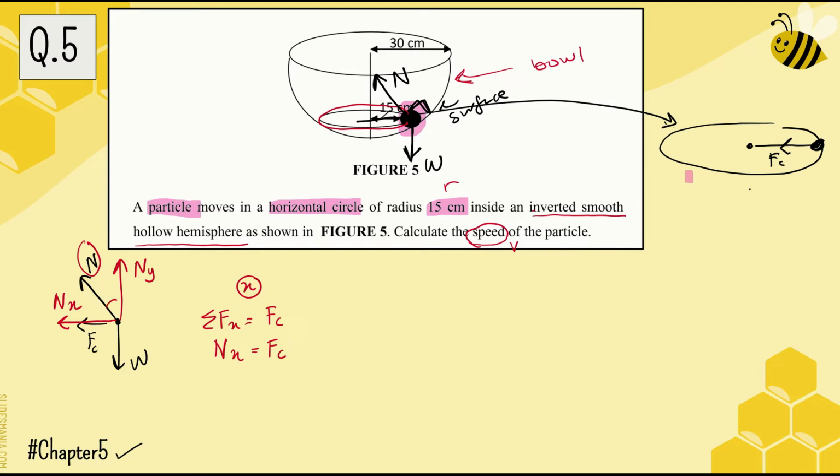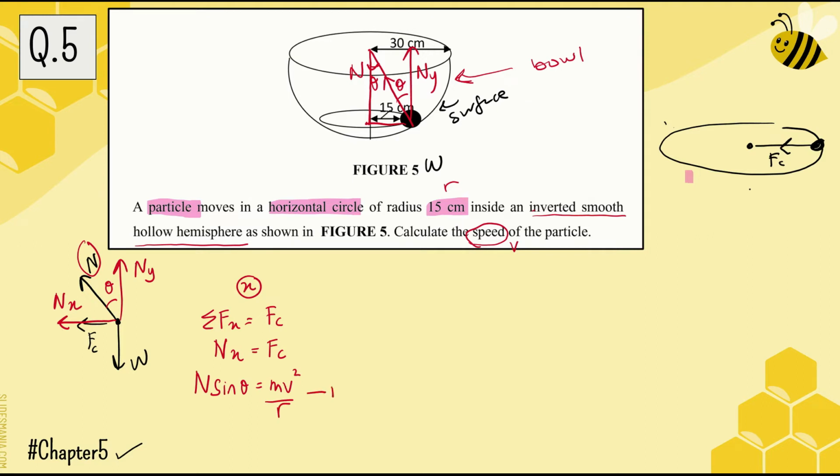Let's say the angle is here. If you refer to this diagram, this is your N, this is your Ny, and your angle here is equal to this angle. We'll find the value of the angle later. Now we have Nx equal to N sine theta. Fc is equal to mv squared over r. So this is our first equation.